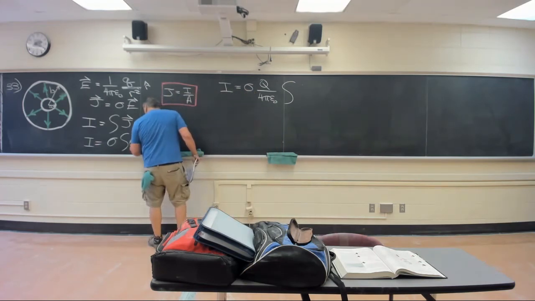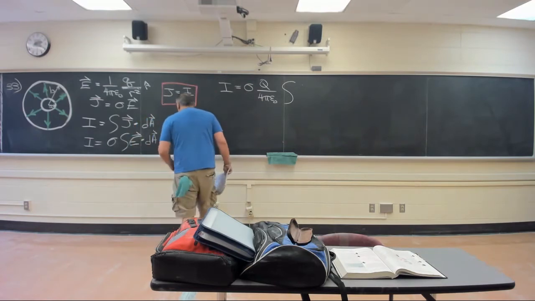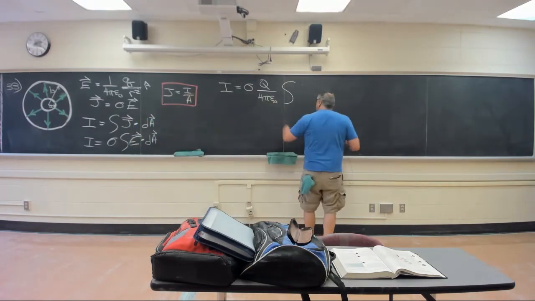The 1 over 4 pi epsilon naught comes out, and the capital Q comes out as well.